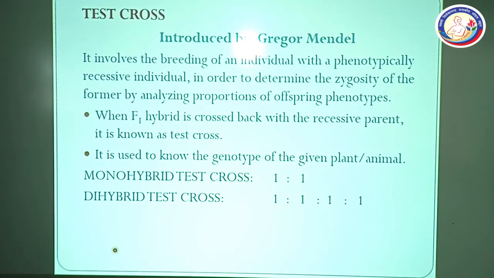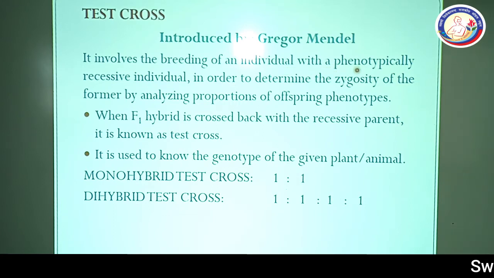Now we will discuss a new cross, that is test cross. What is test cross? It was introduced by Gregor Mendel. It involves the breeding of an individual with a phenotypically recessive individual.